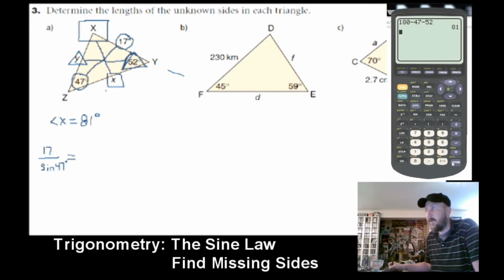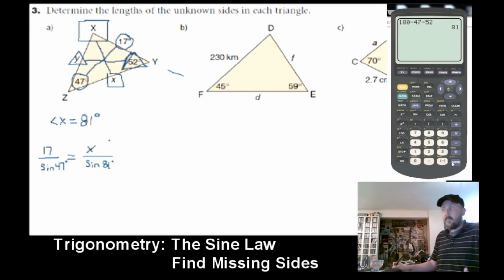Actually, I could use the 81 if we wanted to figure out x first. Let's do that. So I don't know the side length, but I just calculated the angle up there, and it is 81. So this looks like there's a lot going on, but it's not too bad.